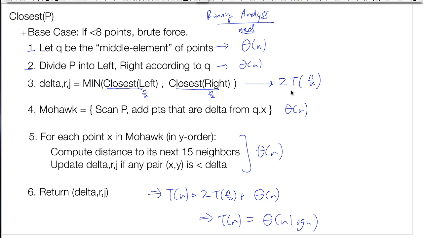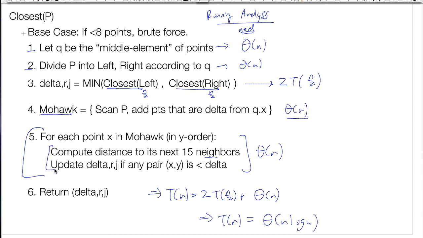So this step takes 2 times T of n over 2. And to answer your question, this is why left and right have to be exactly, or roughly, n over 2. The mohawk just means scanning the points. That takes order n. And then as we argued back here, if we scan all the points in the mohawk, and for each point we only look at the next 15 neighbors, then this loop is also going to take order n.